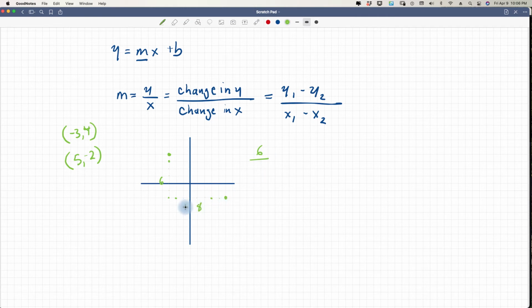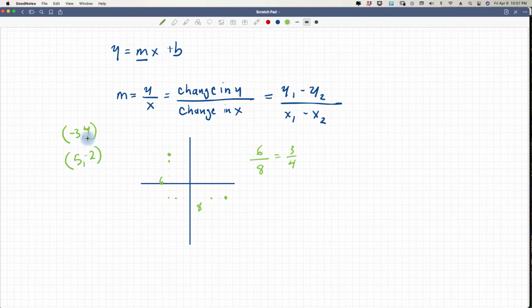The change in x is 8, and that would reduce to 3 over 4, correct? So you could do that and you could count. That's perfectly fine. That's the way we've been doing it. We've been starting at our y-intercept and counting until we get to the next point. There's another way to do that, and this is the formula that tells us how to do that.